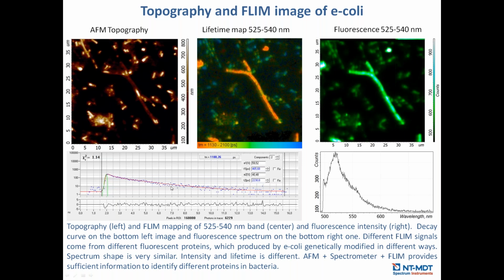So that's how we can distinguish two different types of proteins and therefore two different types of bacteria. Orange color corresponds to the short fluorescence lifetime, and green and blue color correspond to the longer fluorescence lifetime.